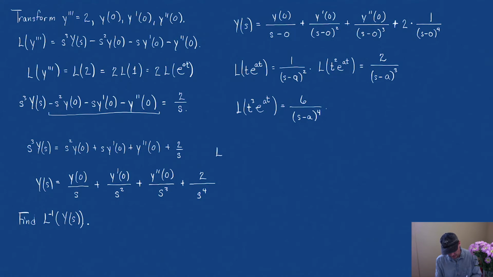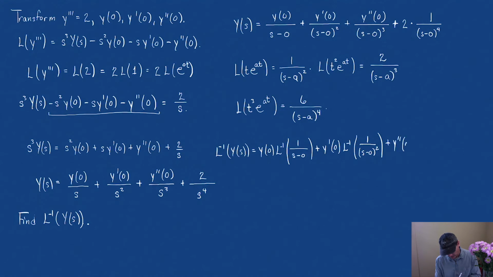The inverse Laplace of Y of s equals y of 0 times the inverse Laplace of 1 over s minus 0, plus y prime of 0 inverse Laplace of 1 over s minus 0 squared, plus y double prime of 0 inverse Laplace of 1 over s minus 0 cubed, plus 2 times the inverse Laplace of 1 over s minus 0 to the 4th power.